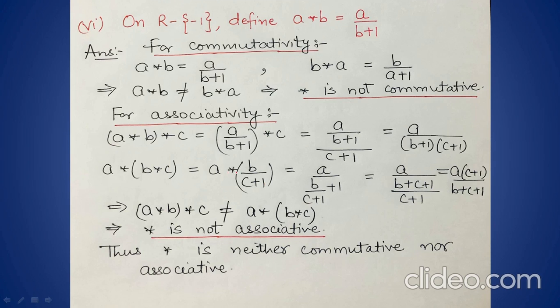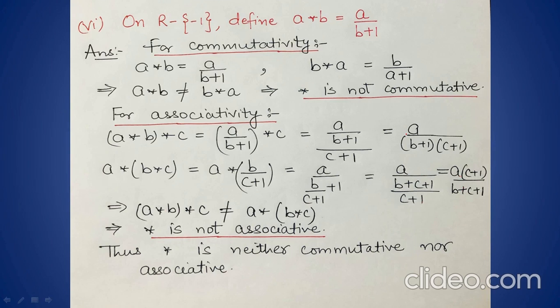Again apply the binary operation, so it becomes first element a upon second element b upon c plus 1 plus 1. तो जो हमारा डिनोमिनेटर है उसको हम पहले सॉल्व कर लेते हैं, हम एलसीएम लेंगे तो हमारा जो न्यूमरेटर है it becomes b plus c plus 1. So after simplifying what we get a bracket c plus 1 upon b plus c plus 1. जो ये c plus 1 है वो ऊपर चला जाएगा.